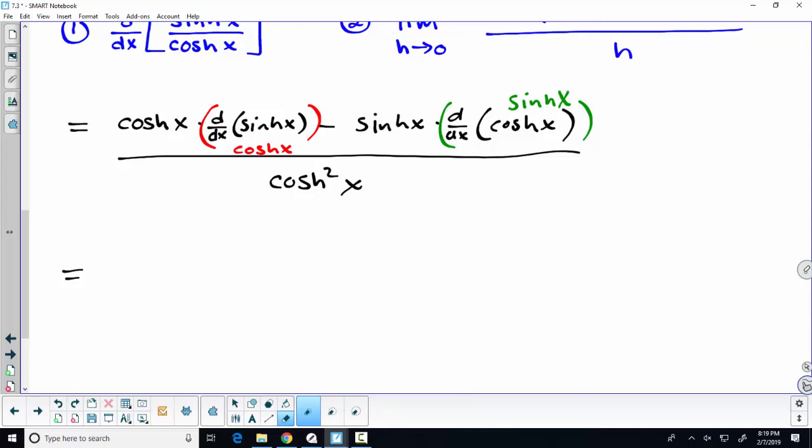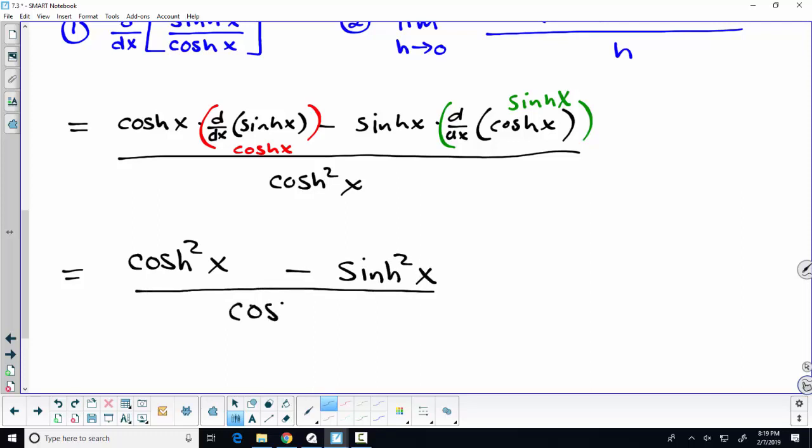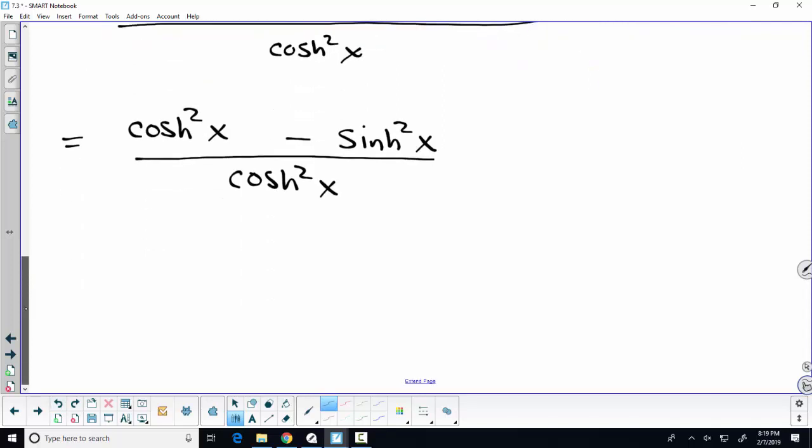And then we have cosh squared minus sinh squared, all over cosh squared. Then what? What is cosh squared minus sinh squared? It's 1. So this is 1 over cosh squared.